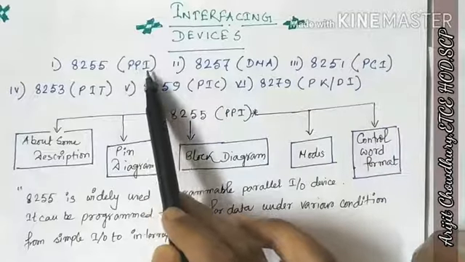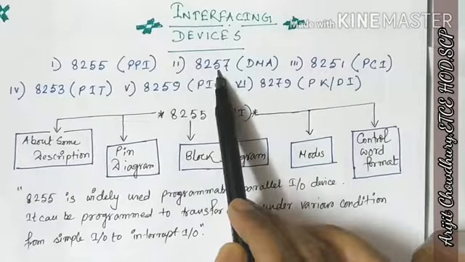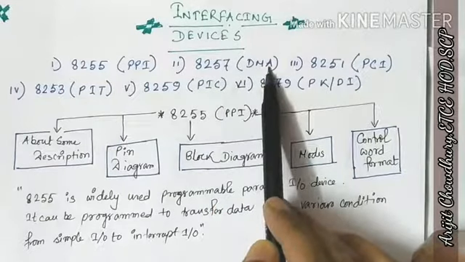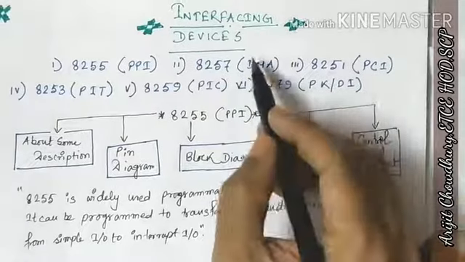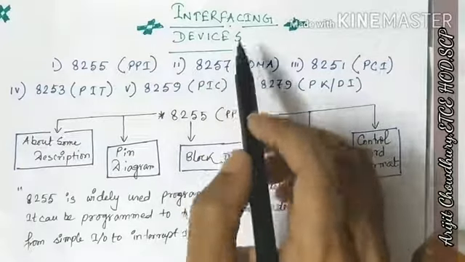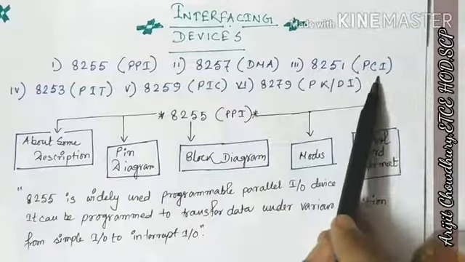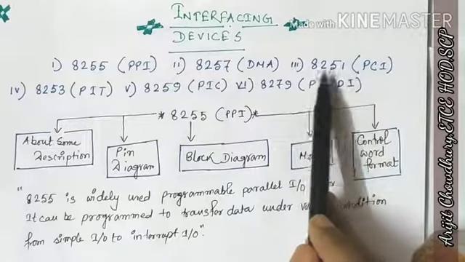For direct memory access we are using 8257. For communication interface, programmable communication interface, we are using 8251.